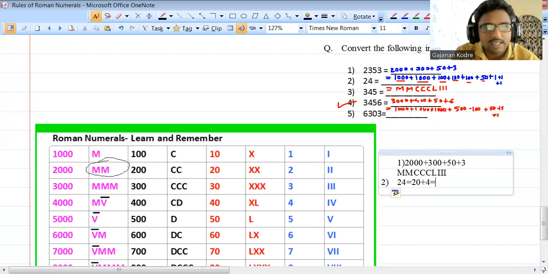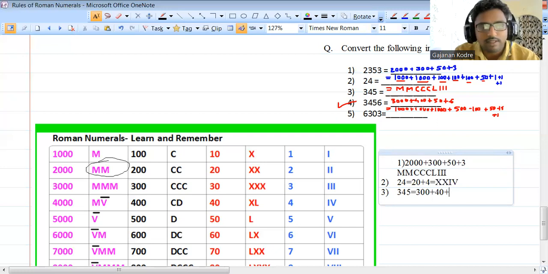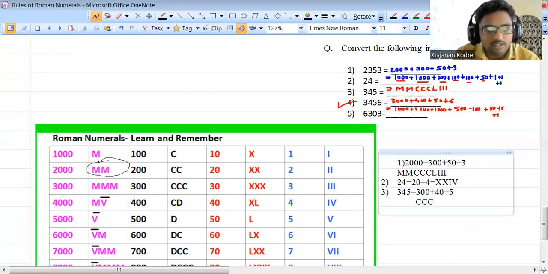It is XX, and for 4 it is IV. Similarly, for 345, it is 300 plus 40 plus 5. How will you write 300? It is CCC. 40, look at the chart, XL, and for 5, it is V.